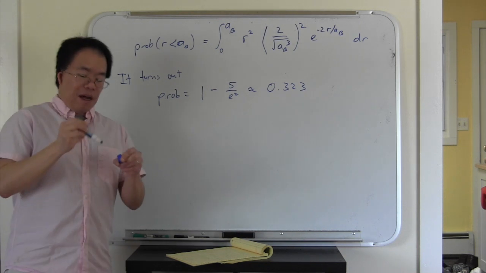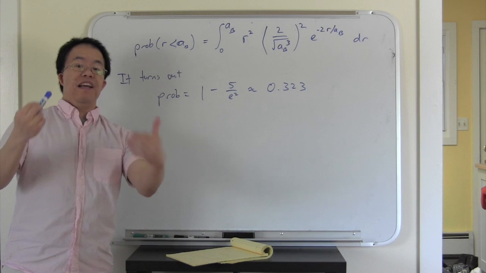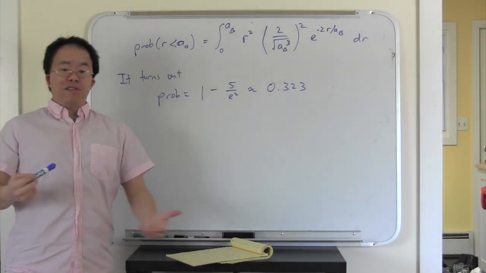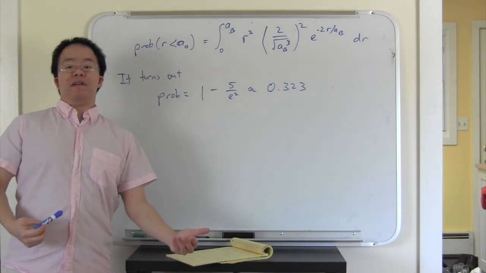So you can see a couple of things. There's a substantial probability for finding my electron inside the Bohr radius. There's also a substantial probability in this state of finding the electron outside the Bohr radius.